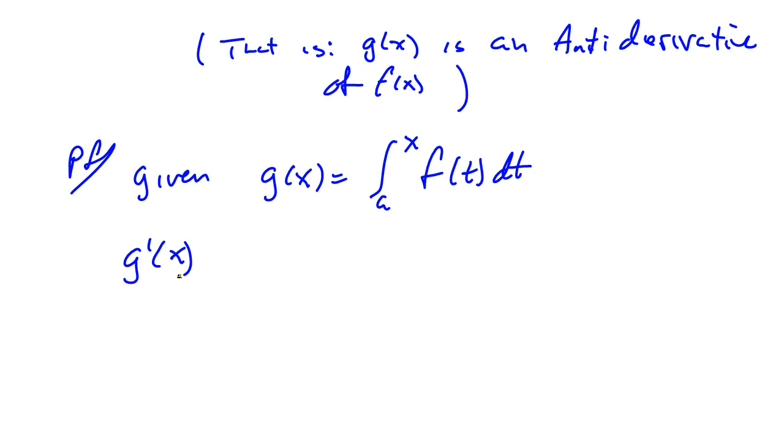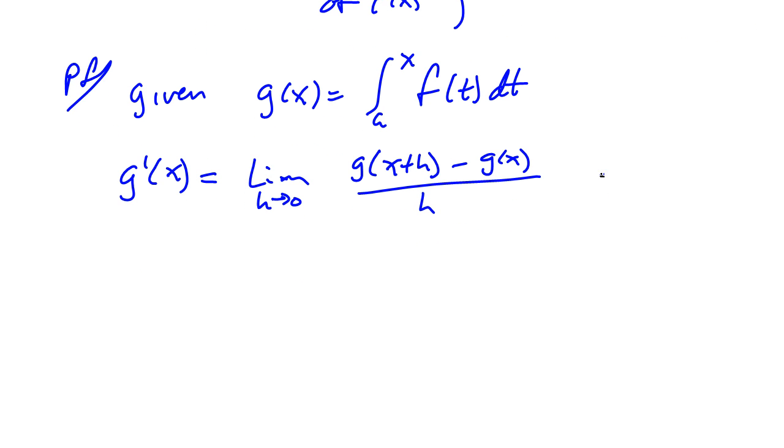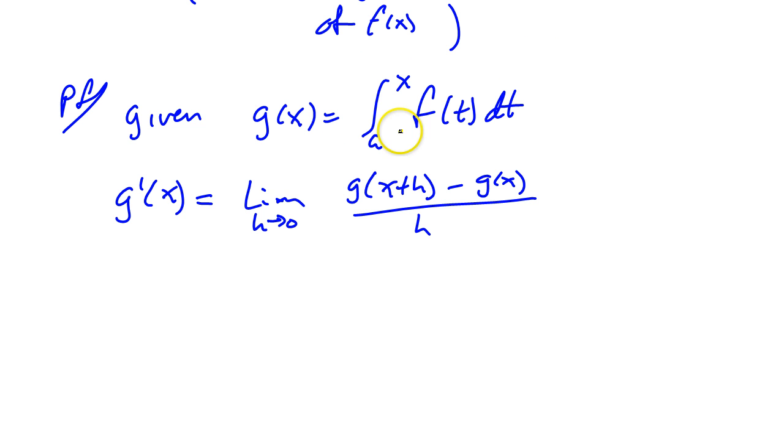you use the definition of derivative, which is the limit as h goes to 0 of g of x plus h minus g of x all over h. Right? So let's see how that definition applies to this function. We have the limit as h goes to 0.